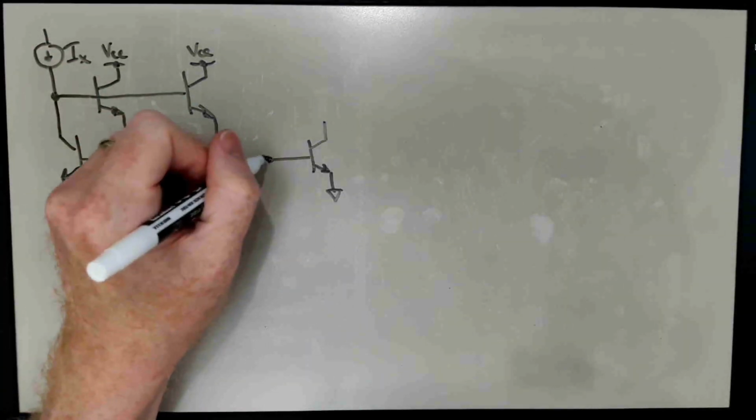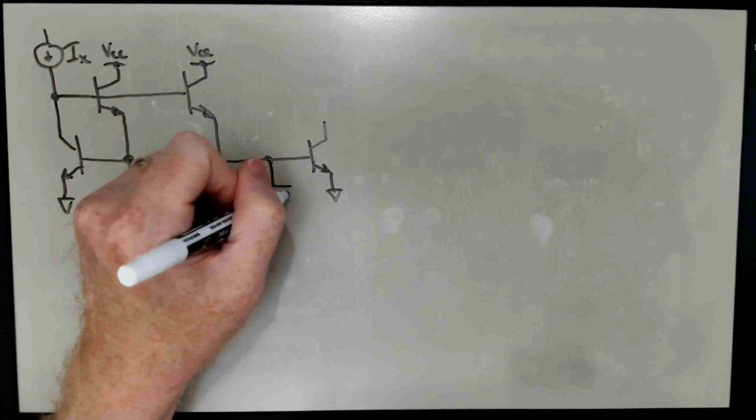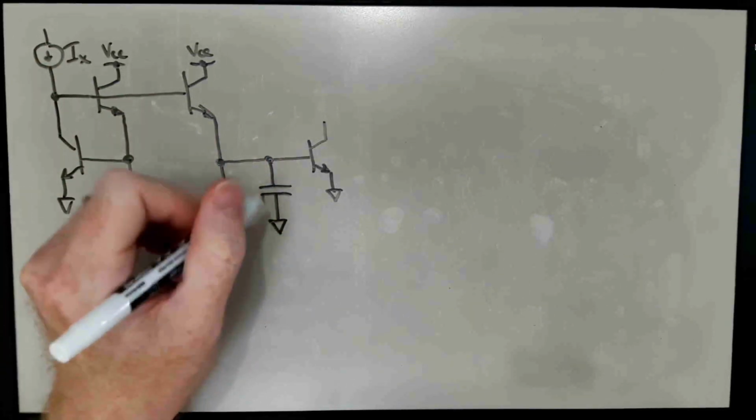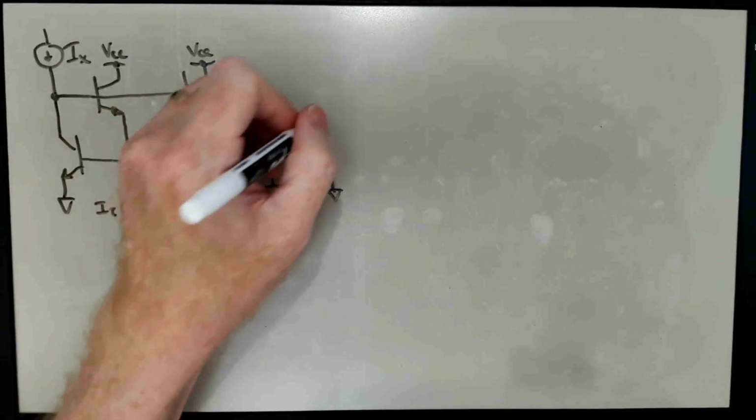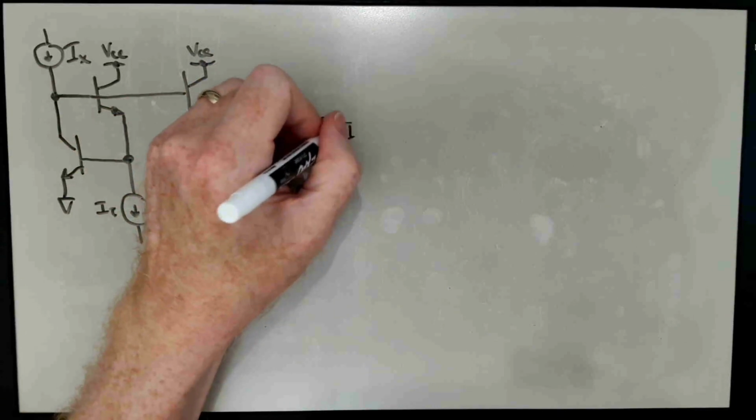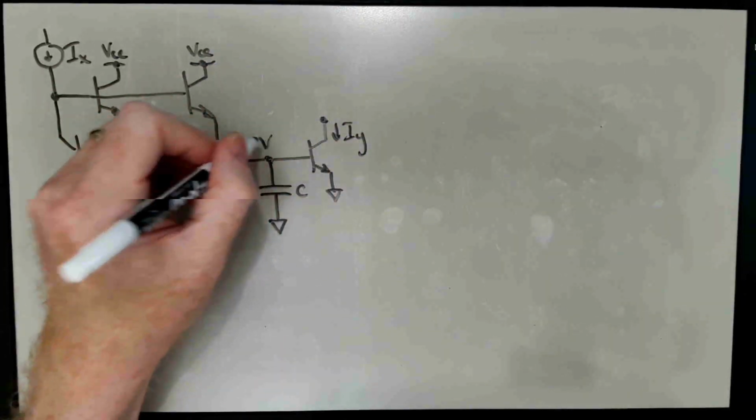And we've got a funny looking element over here, which is a capacitor, C, and our output current is I sub Y. We'll call the voltage here on the capacitor V.